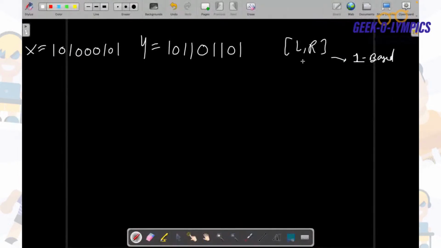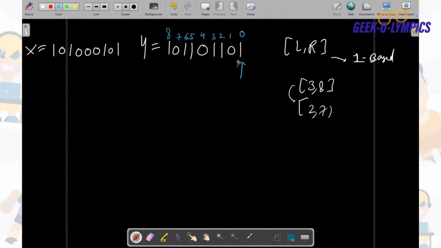Now they are saying that you have a range. Let's say the range of L and R is 3 comma 6, which means you have to consider the third bit to the sixth bit of your y, or let's say it's from 3 to 8. Basically 3 to 8 means 2 to 7, because we consider zero-based bits: the zeroth bit, first bit, second bit, and so on up to the eighth bit.